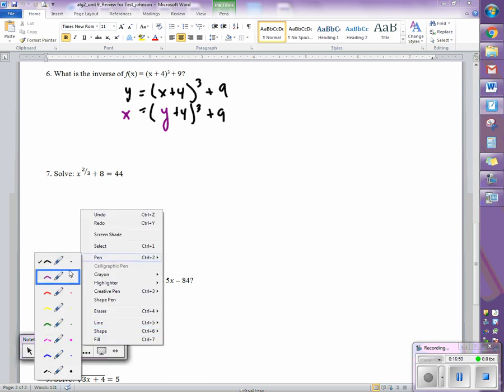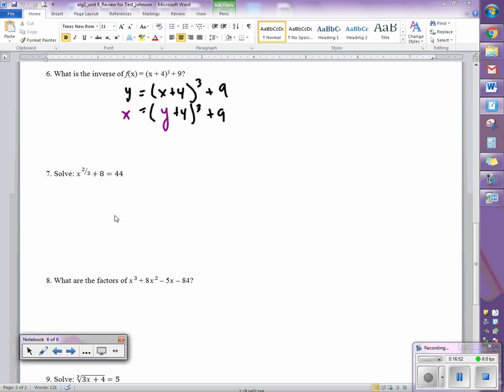Then get y by itself. First, I would subtract 9. So I would get x minus 9 equals y plus 4 cubed.